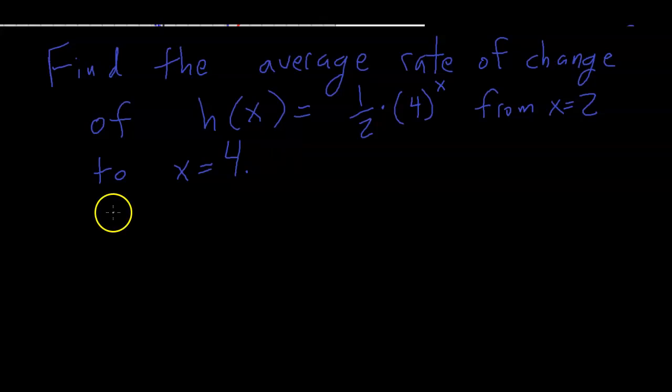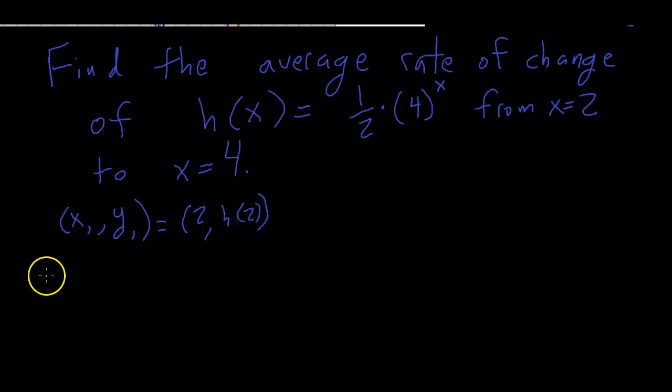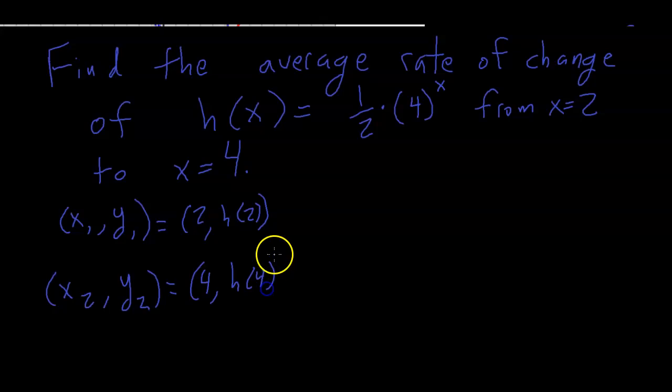So we want to be able to find x1 comma y1, right, equals 2 comma h of 2, right, the value of the function at x equals 2. And we want to find x2 comma y2, right, which equals 4 comma h of 4, right?